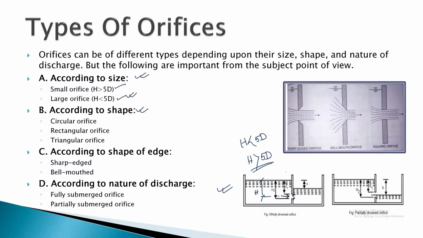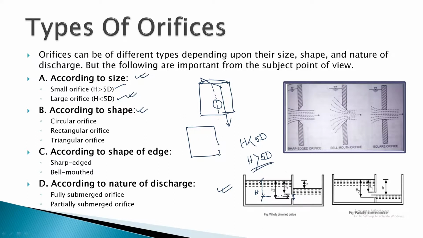Now according to the shape, what you are seeing is the sectional view, right? Now if you see the frontal view, suppose this is the vessel and it may be circular, and if you cut the section, if you consider this as 3D, it will be something like this, right?